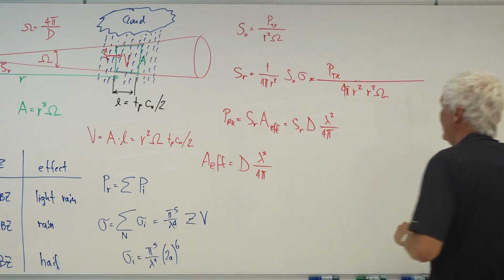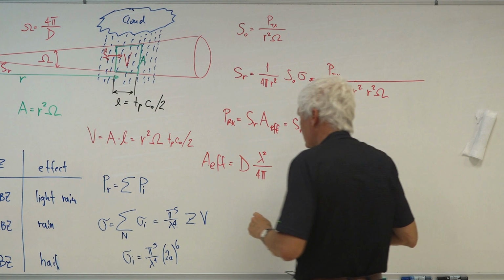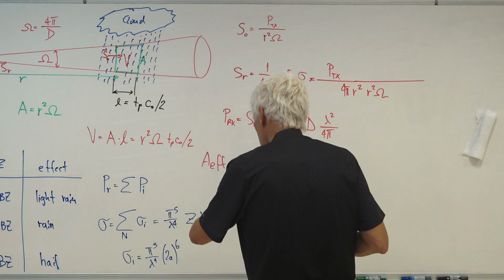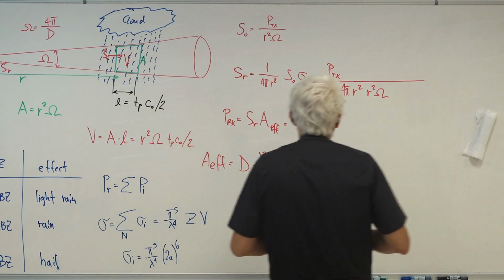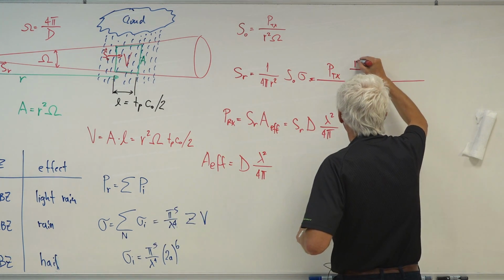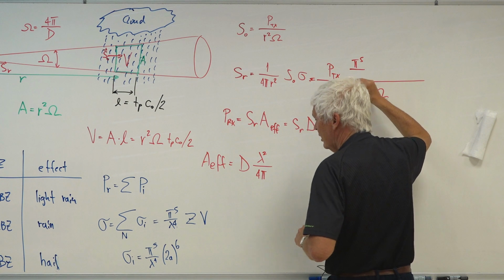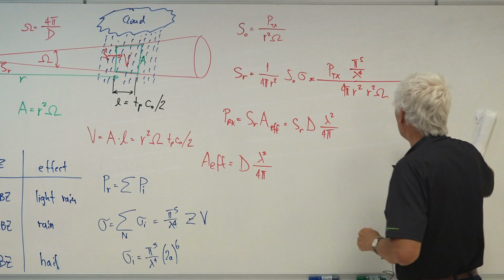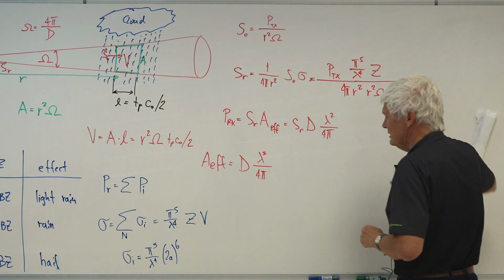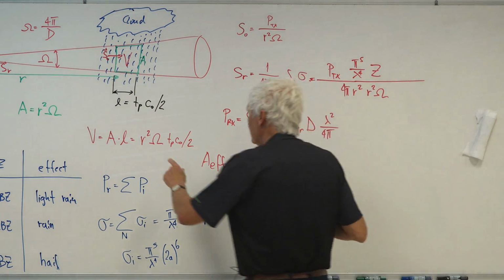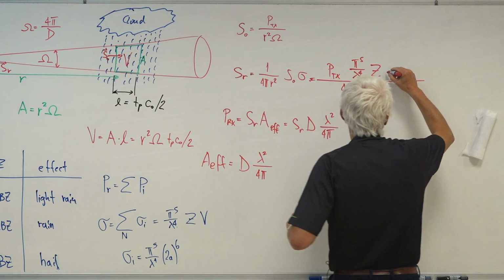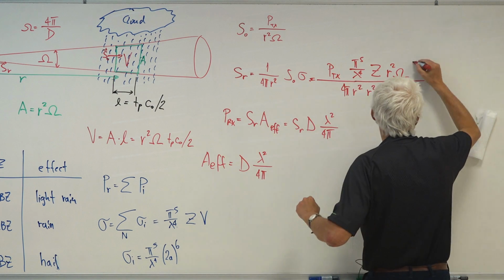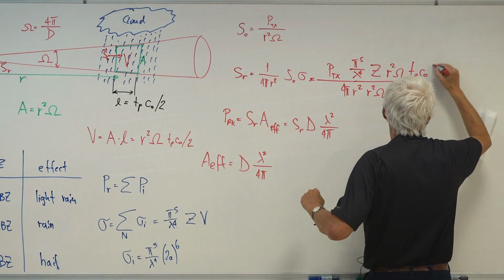And sigma I have here: sigma is pi to the 5th power over lambda to the 4th power times Z in linear units times the volume. Volume is r squared times omega times t pulse c0 over 2.